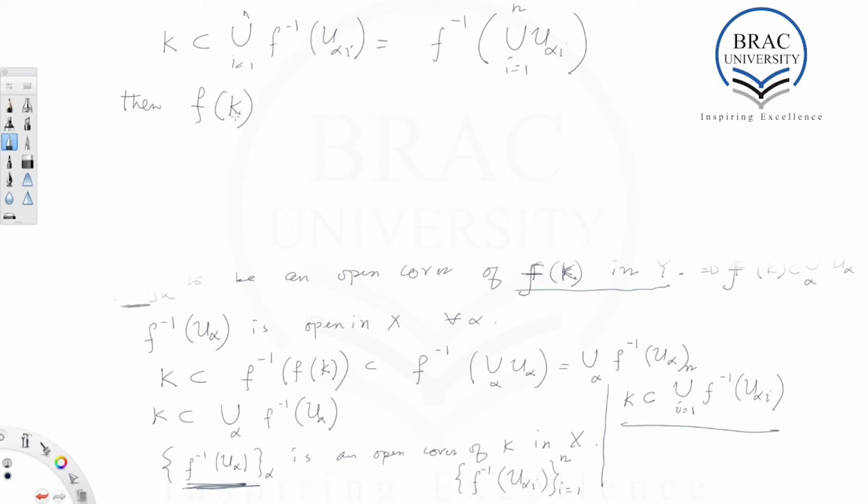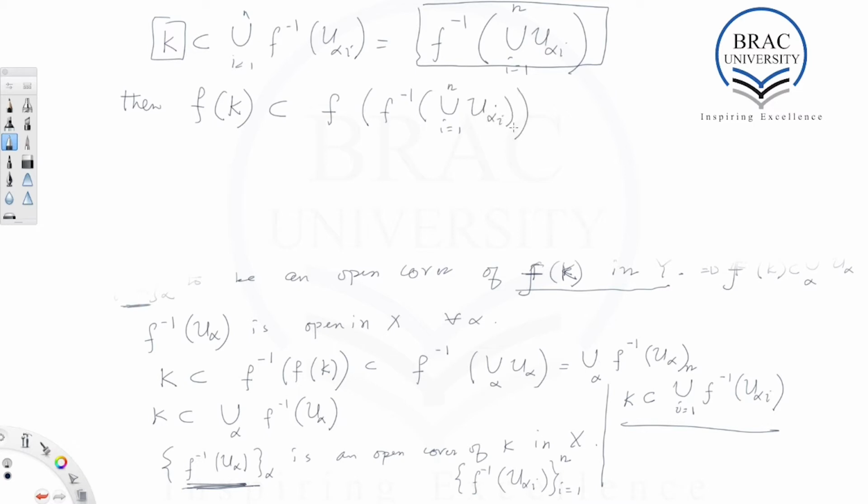So since this holds, K is contained in this, then F is contained in F of this pre-image thing, alpha i. Good.